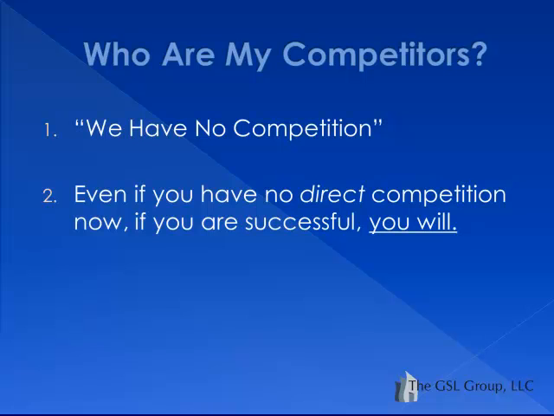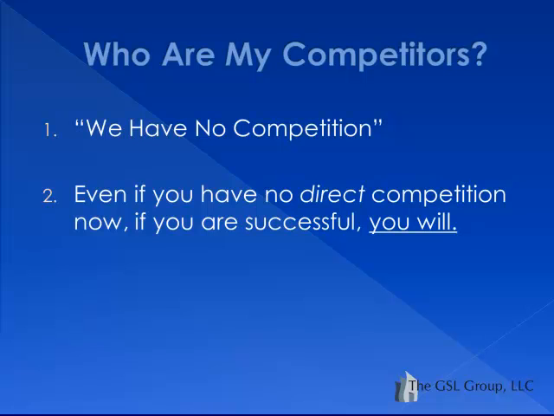So in rare cases, there is a product so unique that you might not have any direct competition at the beginning. But remember, a business plan should go out 3 to 5 years, and even if you have no direct competition now, if you're successful, you're certainly going to have it in the future.